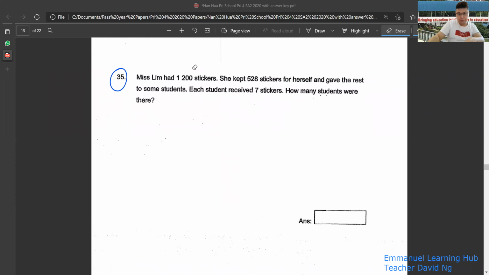35. Okay, Miss Lim had 1,200 stickers. She kept 528 stickers for herself and gave the rest to some students. Each student received 7 stickers. How many students were there?